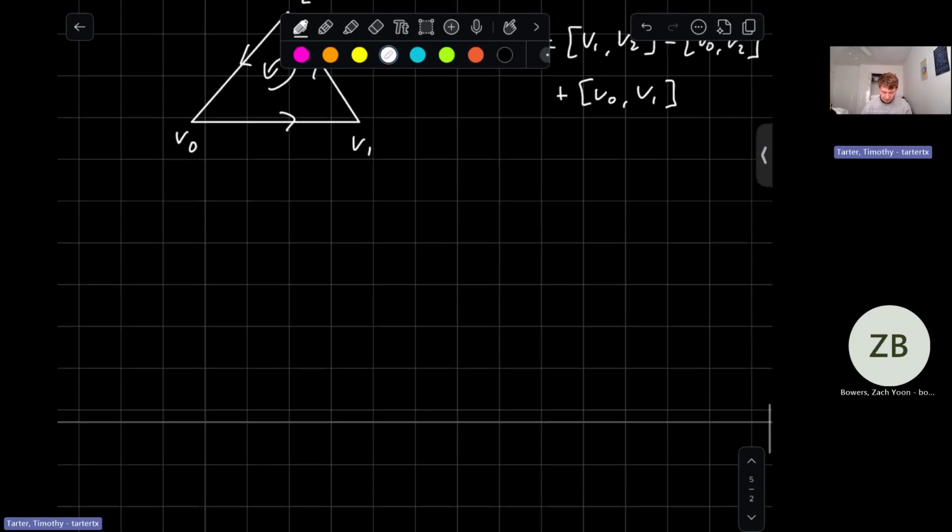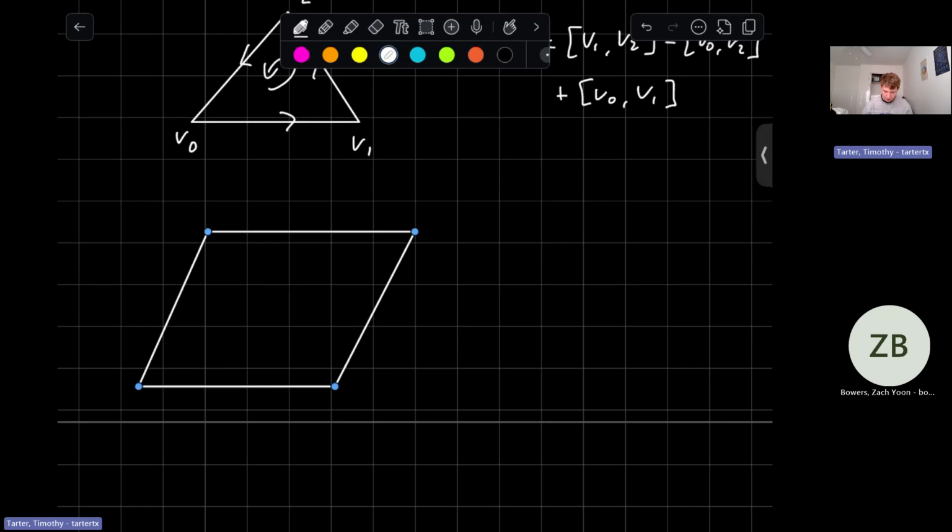And this generalizes on out, where if we have some kind of quadrature going on here, and it's kind of hard to show this.